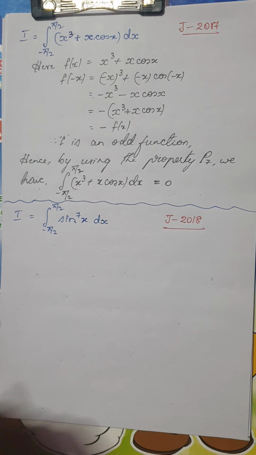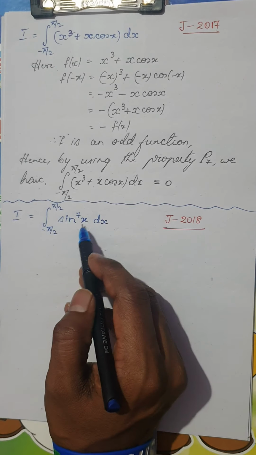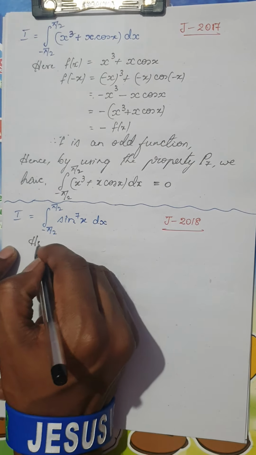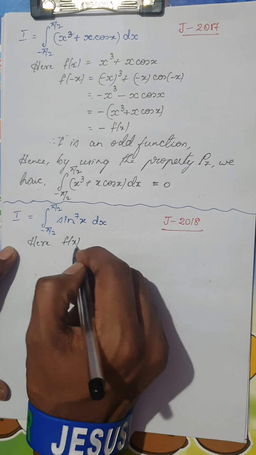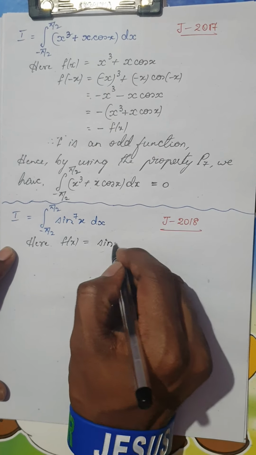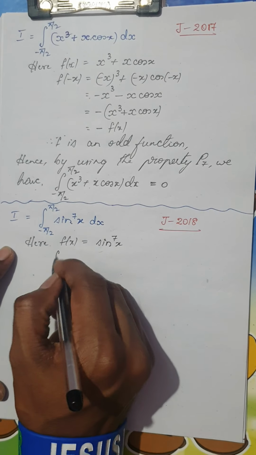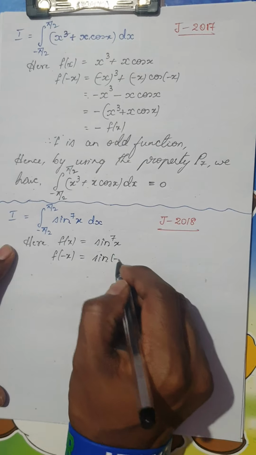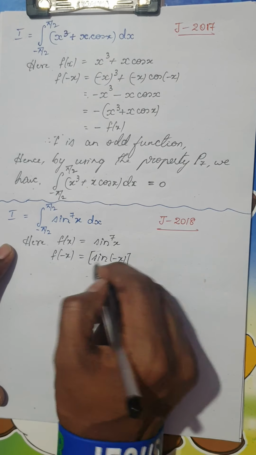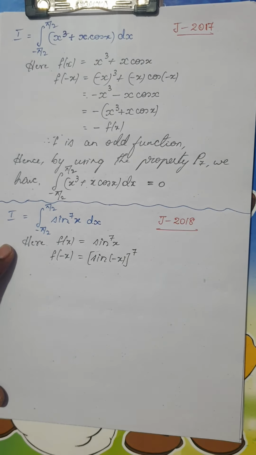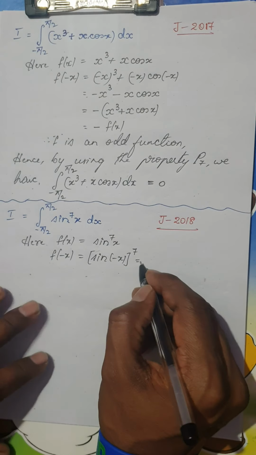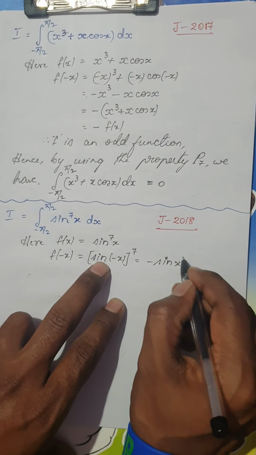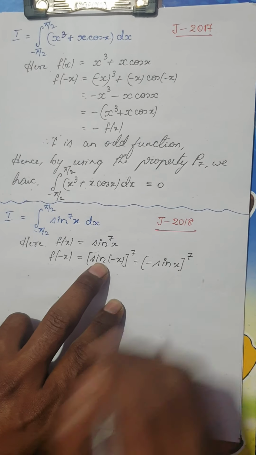So the next integral we have is integral from minus pi by 2 to pi by 2 sine power 7x dx. Okay, so let us see what happens here. Here f of x is nothing but sine power 7x. Let us check what happens to f of minus x. This is nothing but sine of minus x, whole power 7. We all know sine of minus theta is minus sine theta, so it is minus of sine x whole power 7.